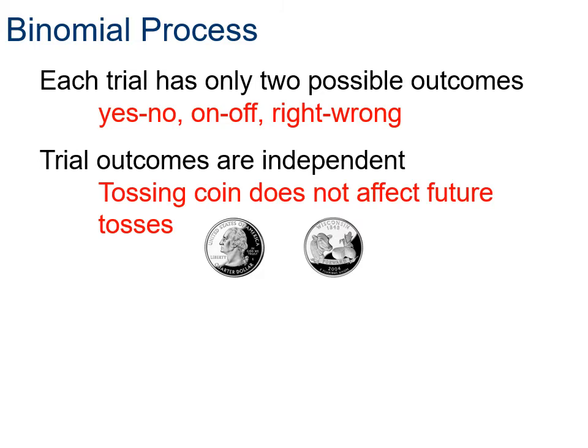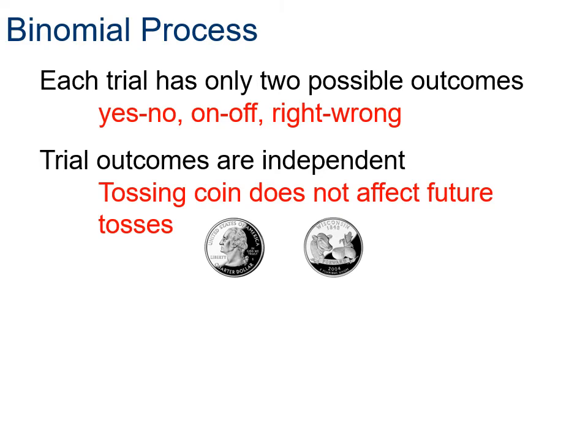Something that's not a binomial process, which we're not going to look at today, we'll look at it next time, is playing cards. Because if I flip over 1 card of the deck, the chance of me getting an ace is 4 out of 52, because there's 52 cards in a deck. But after I flip that 1 card, now how many cards are left in my deck? Well, I don't have 52 cards in the deck.